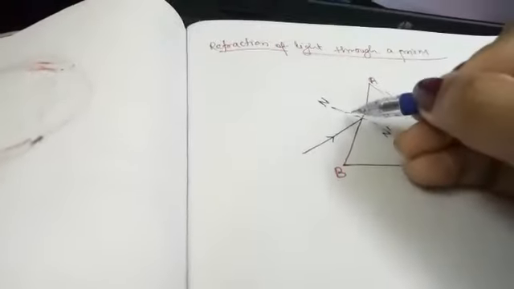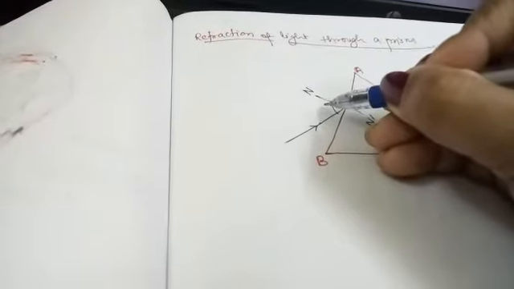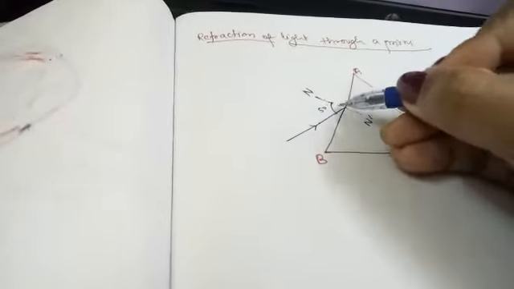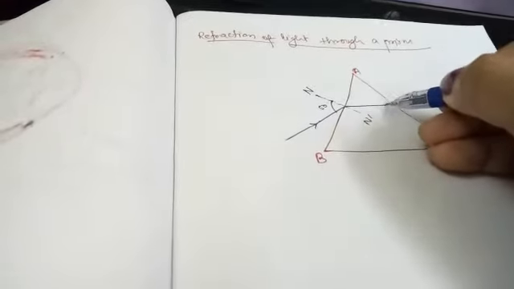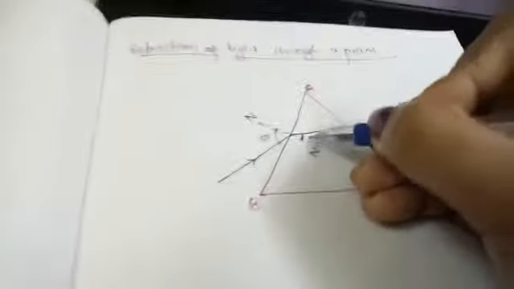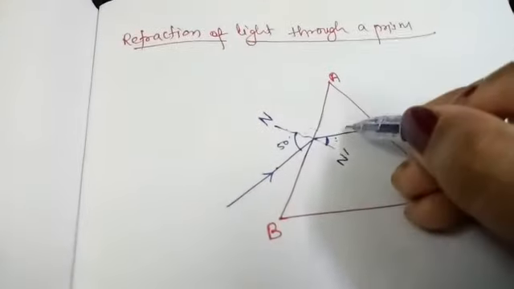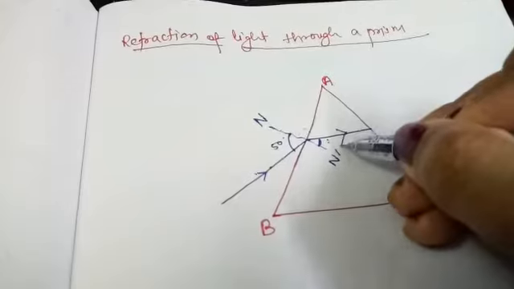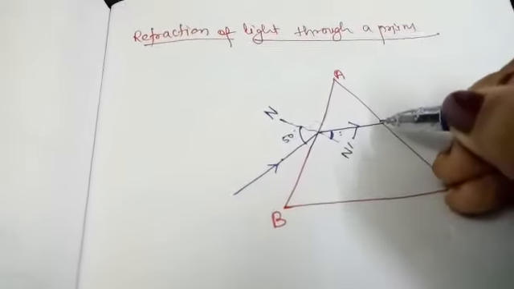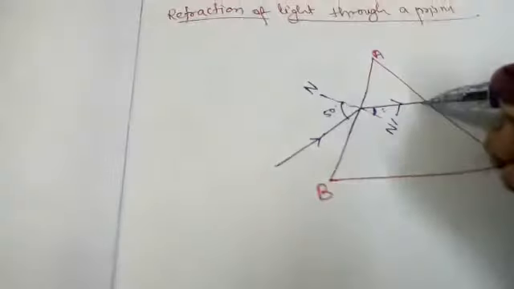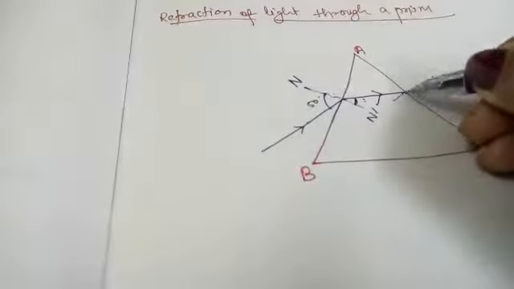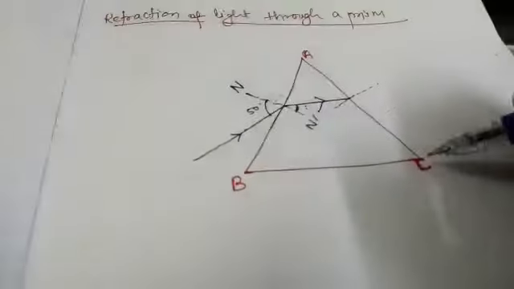So here, suppose if this angle is 50, right, then the refracted ray must be less. Okay, so it must be less than 50, understood? Less than 50. So what do you call this ray? Refracted ray. Very good. Again at this point, make a normal with reference to this side AC.